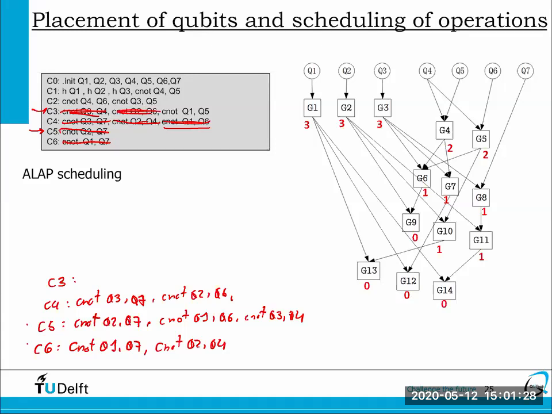Q1, Q5? Also to cycle 4. Good. Now I'm here, cycle 2. Q4, Q6, C naught, Q4, Q6. Cycle 3.